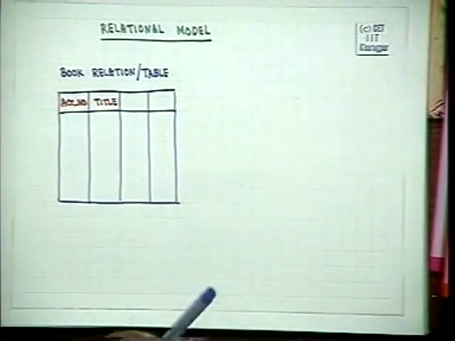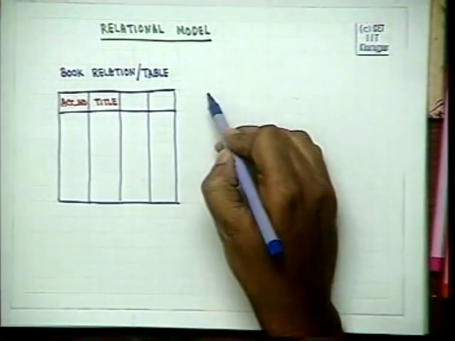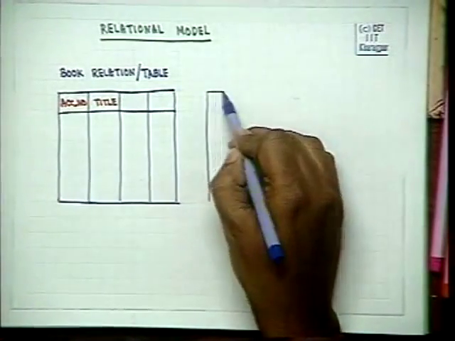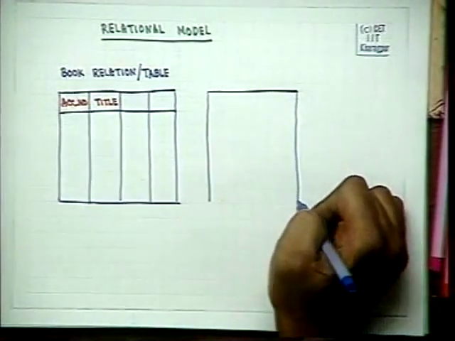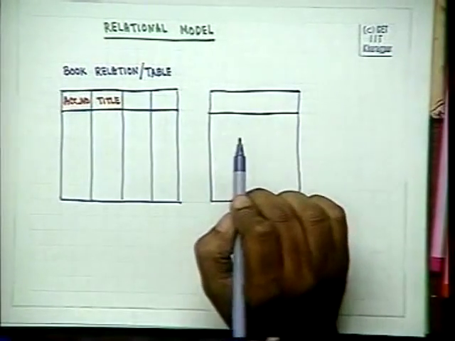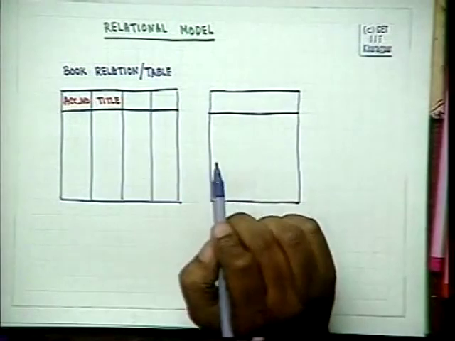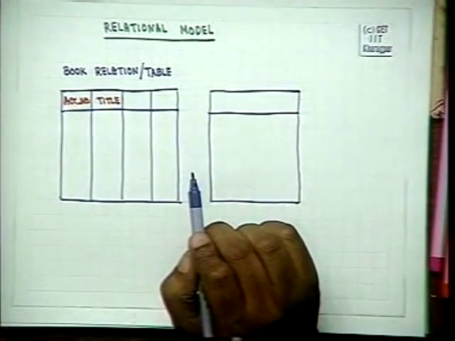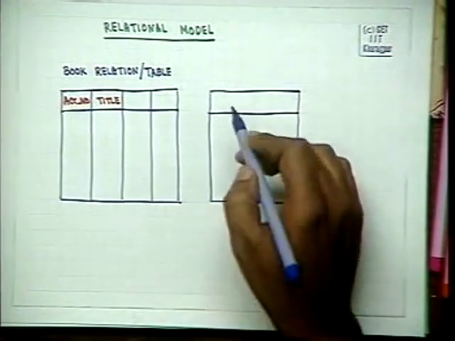Similarly, for users you will have another table. In the relational model, everything is mapped onto tables. It is the uniform structure. All of them are mapped onto relations and all of them are mapped onto tables.